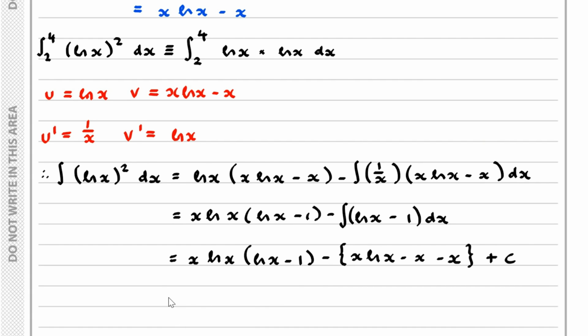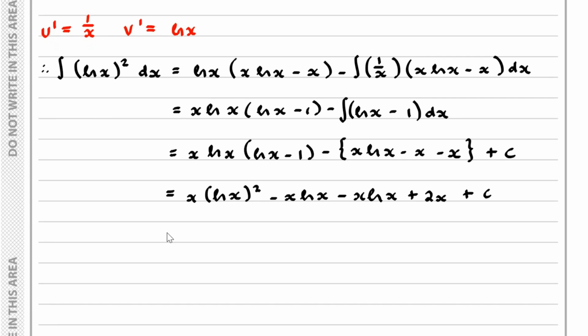So let's expand and simplify. Let's just tidy all of this up properly. We've got x times natural log of x all squared minus x times natural log of x. We subtract another x times natural log of x. And then we've got the minus 2x, so that will be positive 2x. And then we've got plus c.